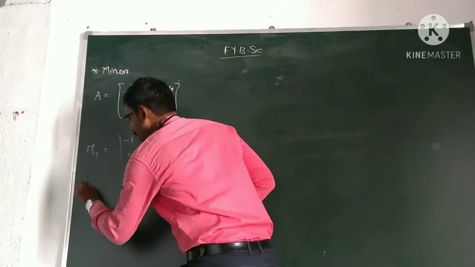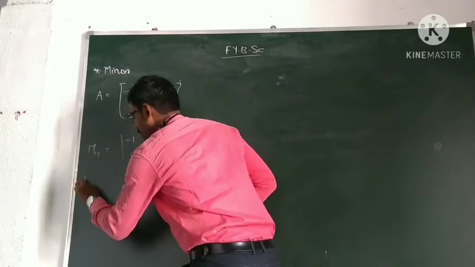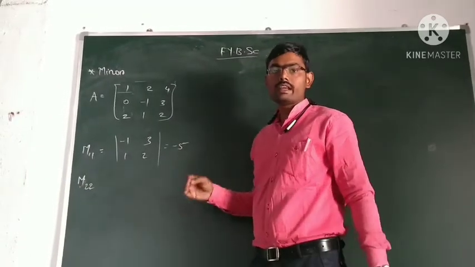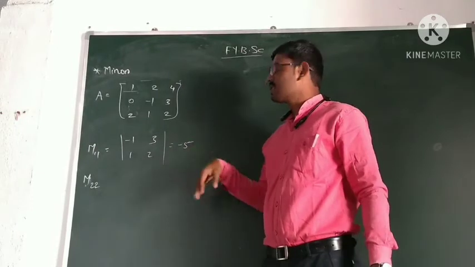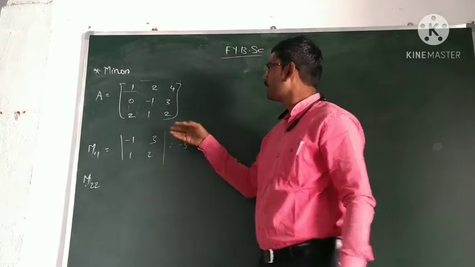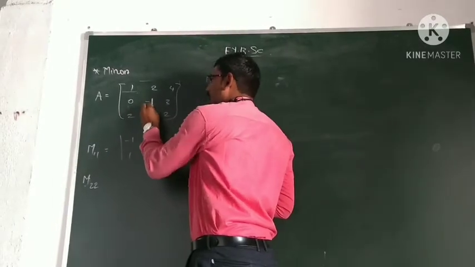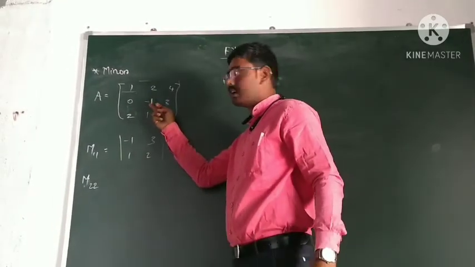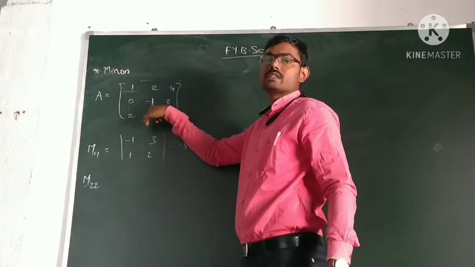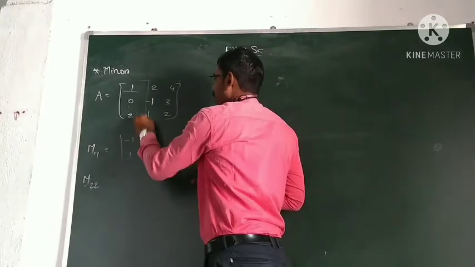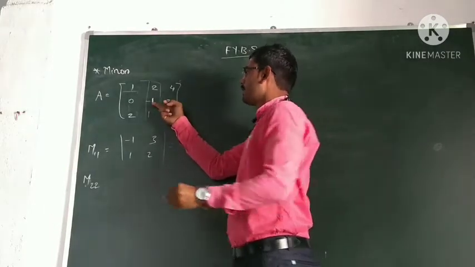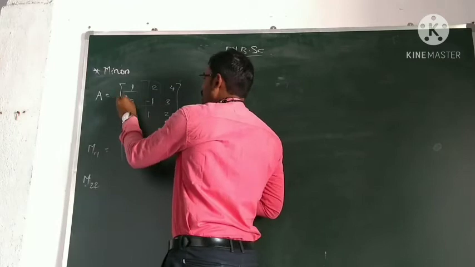So we can write M22, which is obtained by taking the determinant of the submatrix. And how do we obtain the matrix? By deleting the column containing this element and the row containing this element. So this is the row we have to delete.